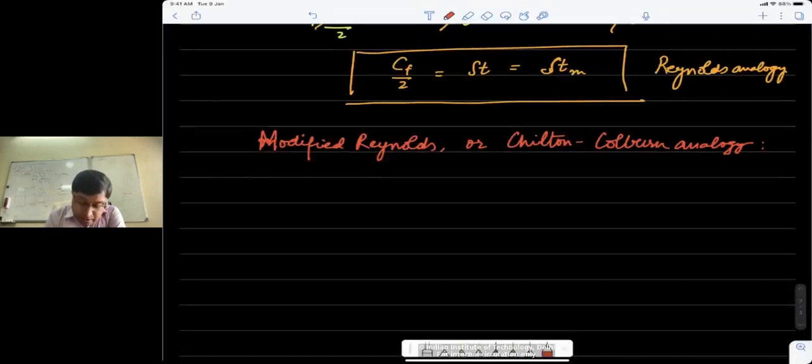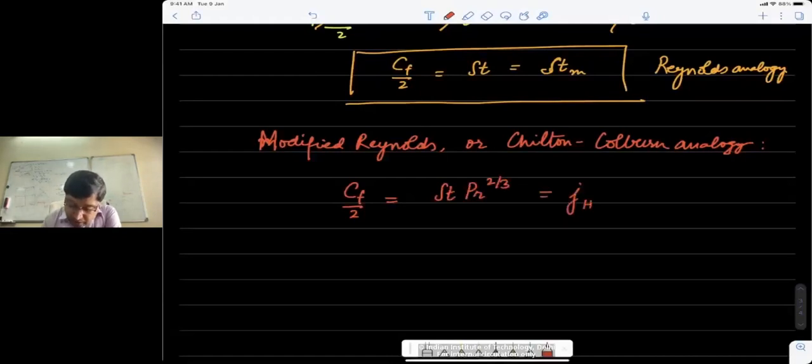So to generalize, what they did was they said Cf by 2 could be written as Stanton times Prandtl to the power 2/3, which they wrote as the J factor for heat transfer.